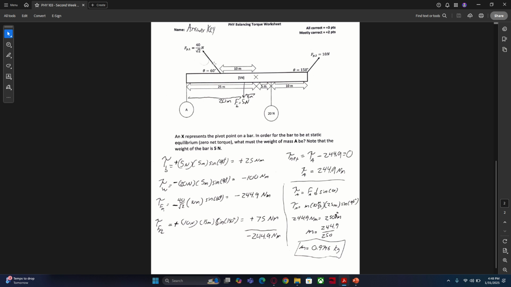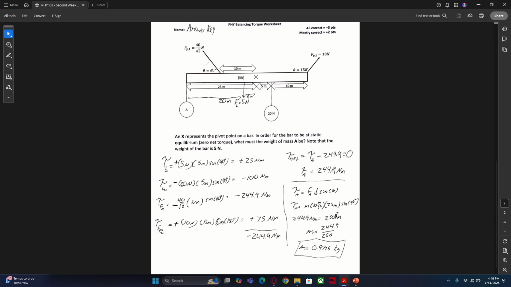Now, if we were given its complementary angle, the larger angle, you could use that value instead, because sine of complementary angles equal the same thing. So sine of 60 degrees, sine of 120 degrees, it would equal the same thing. But we're given the 60, so that's why we'll plug in 60, sine of 60 degrees.